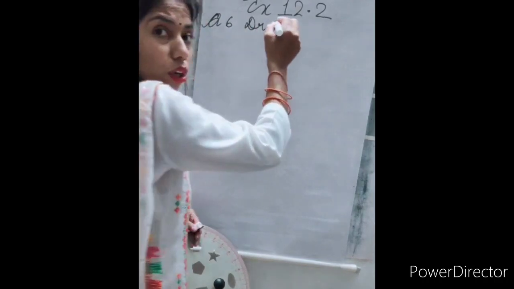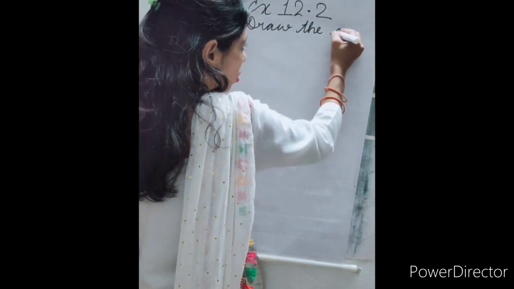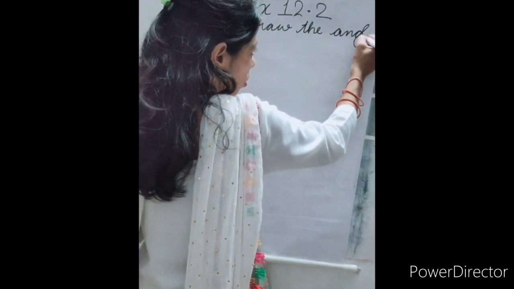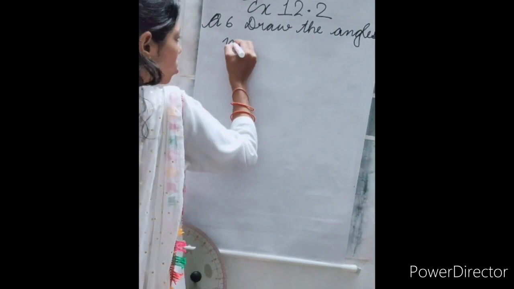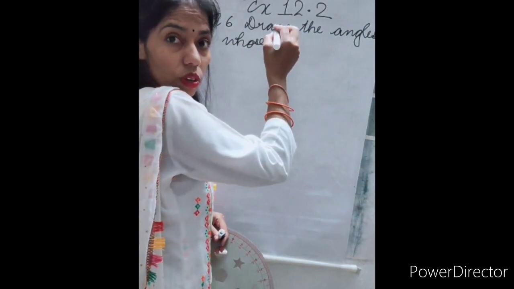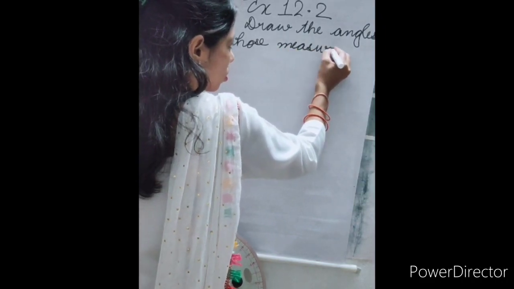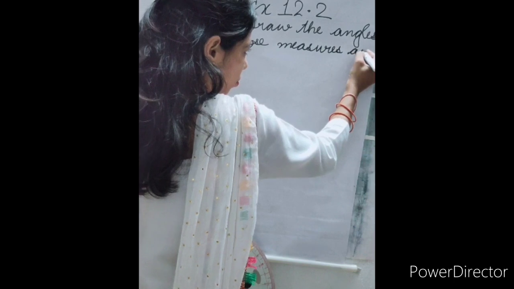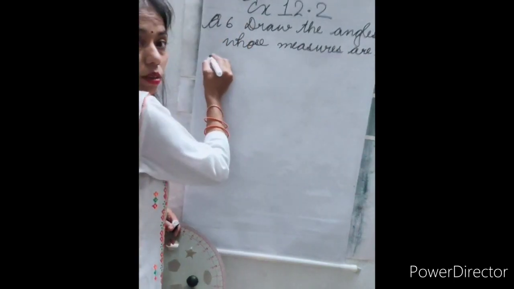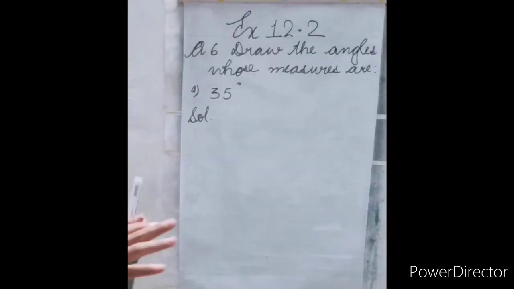Question 6 is, draw the angles whose measures are. Part A is 35 degree.